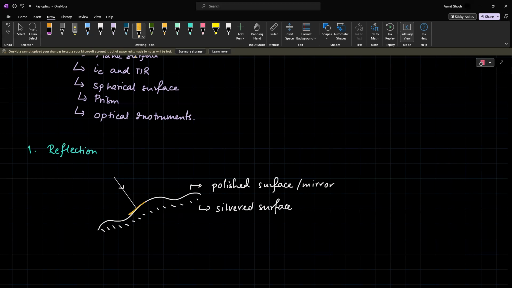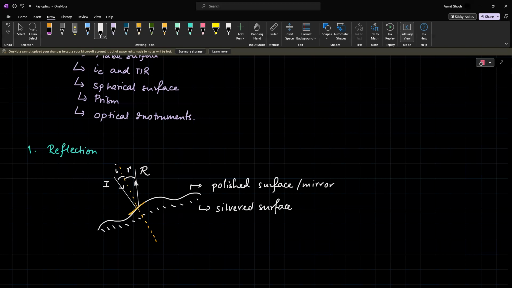And with respect to this tangent, let us say we have the normal over here, and the reflected ray over here. So this is the incident ray and this is the reflected ray. And hence this angle is the angle of incidence and this is the angle of reflection. Sorry, this is the reflected angle. Yeah, that is it.